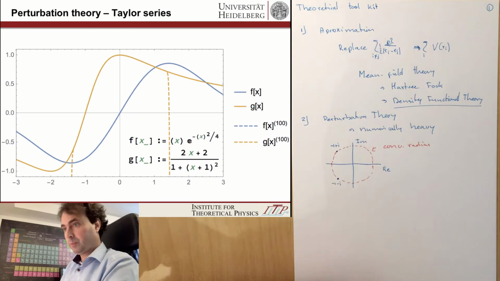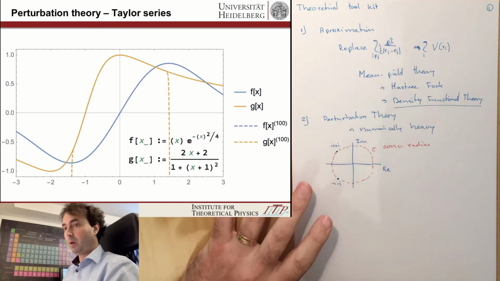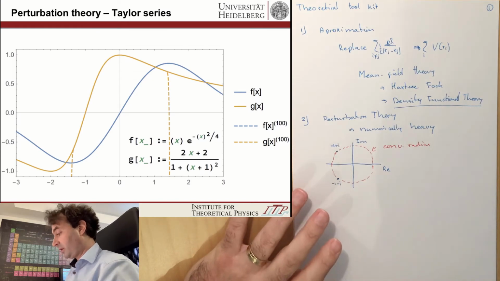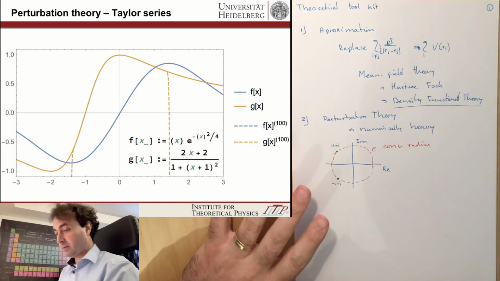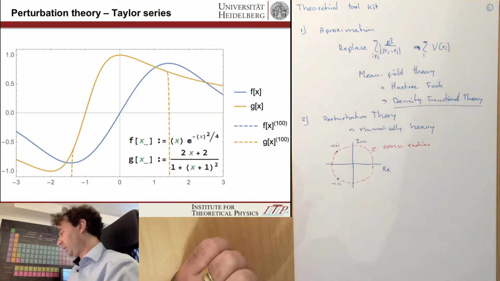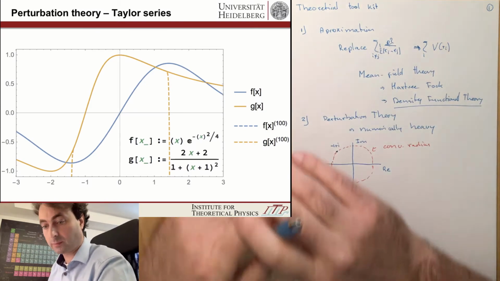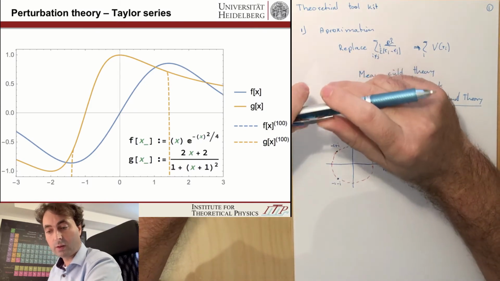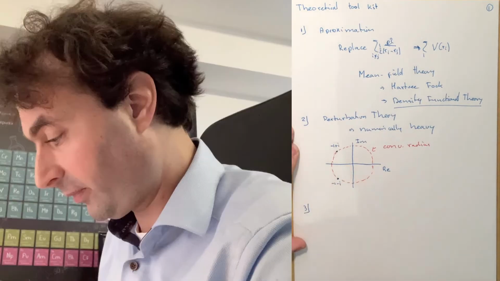The same is true for perturbation theory. When your perturbing Hamiltonian is small, you have a convergent series. When it is large, you have a divergent series. It's although not always so easy as in this example to see if you converge or diverge. So that's perturbation theory.